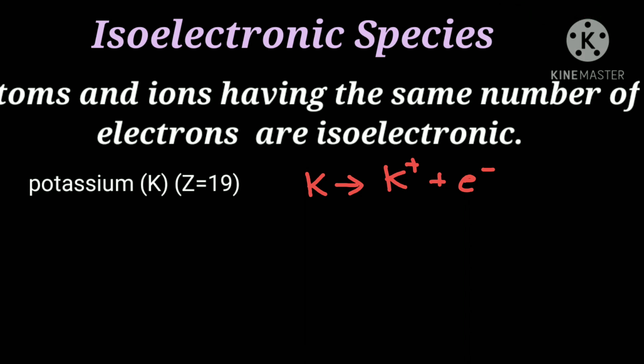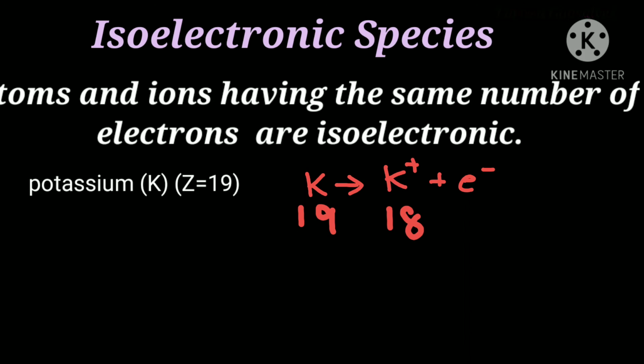So K+ is now going to have 18 electrons. So K atom had 19 electrons and after losing one electron, that atom got converted into K+ ion, which has only 18 electrons.